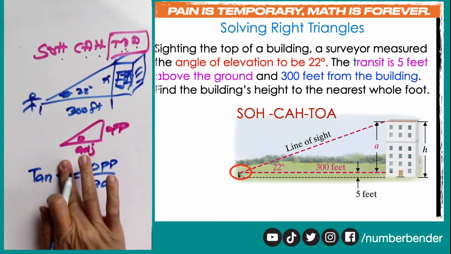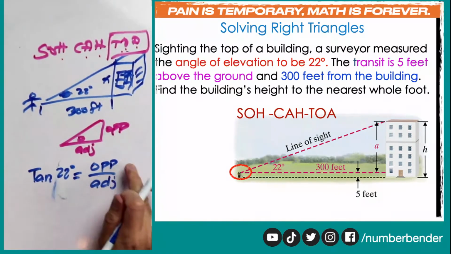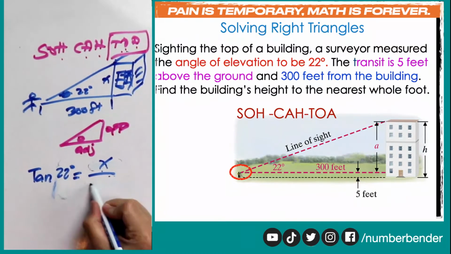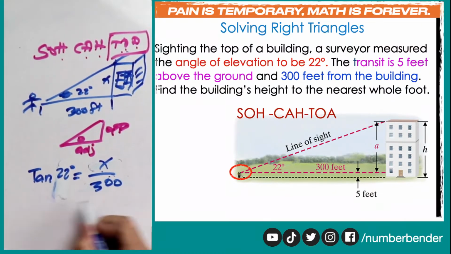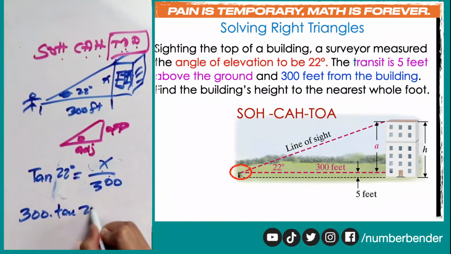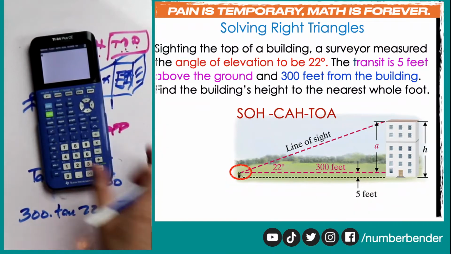And we know that theta is 22 degrees. And we know that opposite is what we're looking for. And we are given the adjacent, which is 300. And by cross multiplication, we now have 300 times tangent 22 degrees is equal to x. And using our calculator, we'll be able to figure out the height of the building.